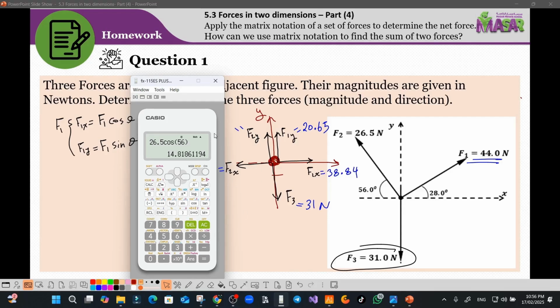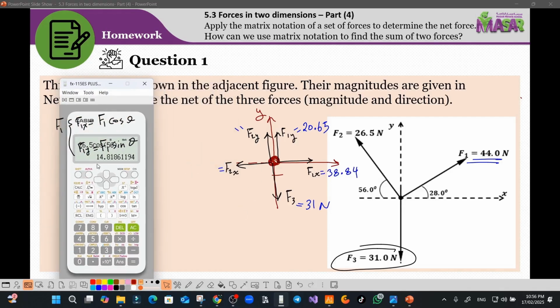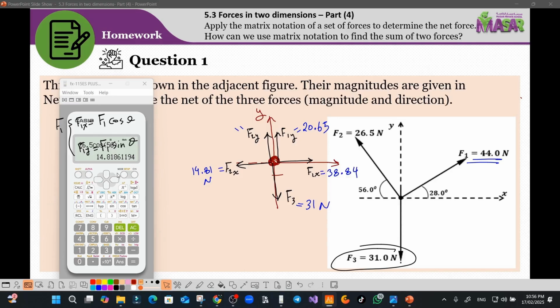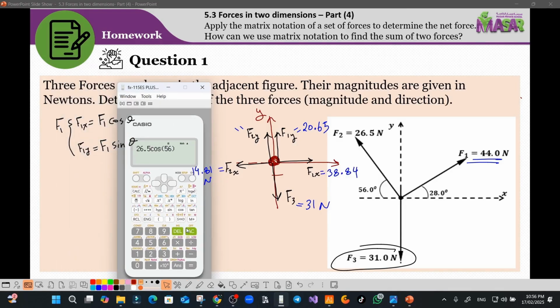No need to include the sign at all here. We're going to deal only with the magnitude. Later, we're going to add the signs. 14.81. And what about the F2y? We will replace this cosine with sine. So this is 21.96.